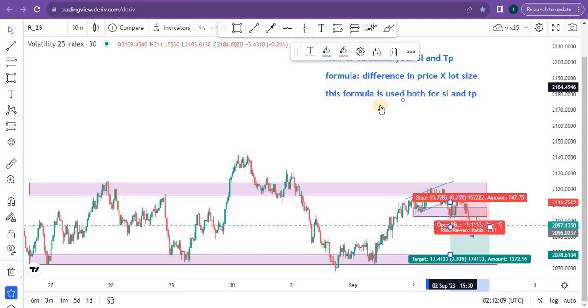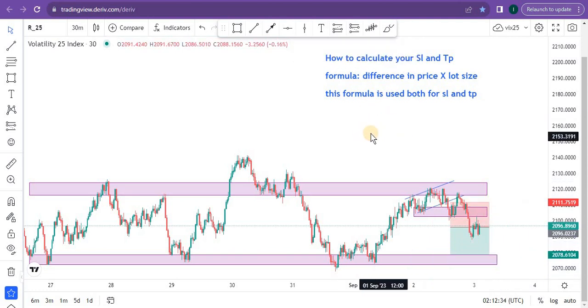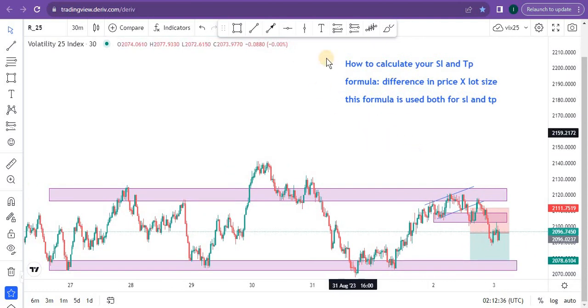Whatever you have is what you are expected to lose with your SL. Then pick this target also here, 17.4133, and multiply by your lot size. Whatever you have is what you are expected to gain when the market hits your TP price here. So it's as simple as that, and this will work for the long position also.